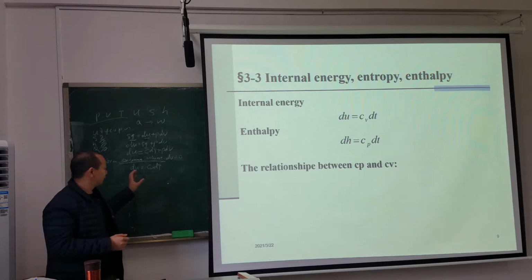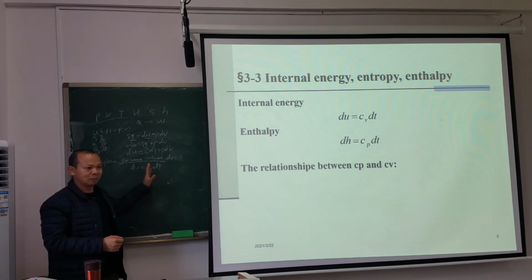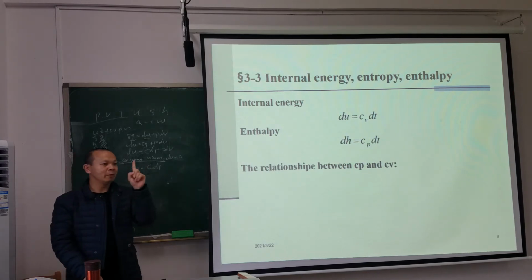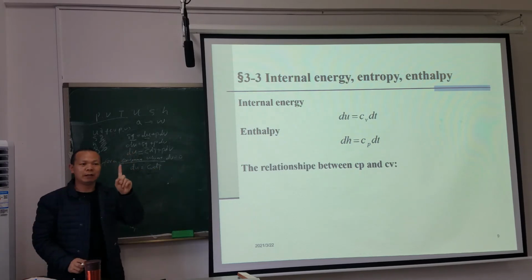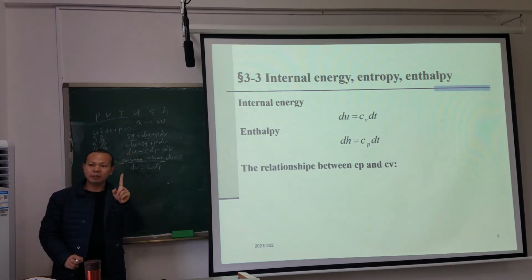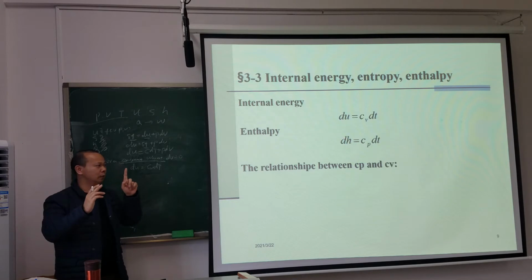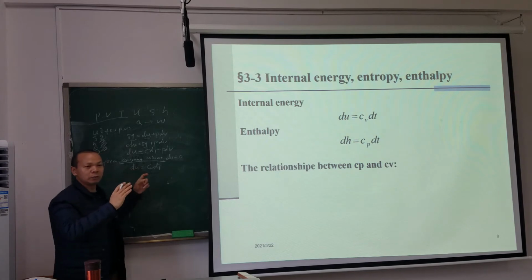So why can we use it, or why can we not use it? Just remember one thing: U is a state parameter. Do you remember that a state parameter is only related to the initial and final positions, but not related to the process?